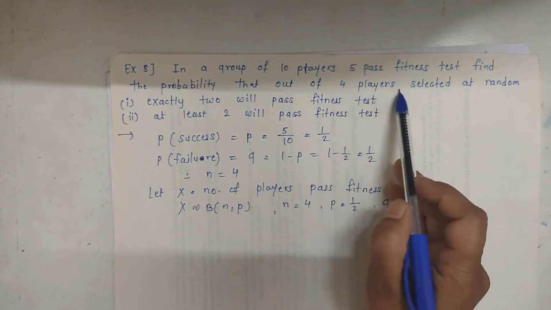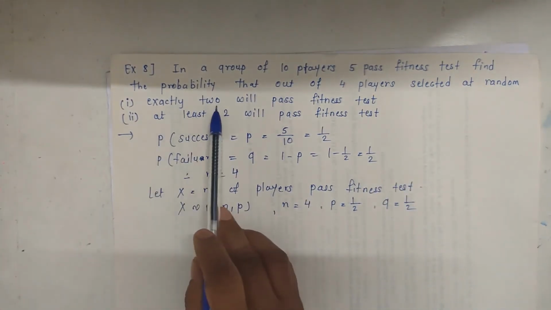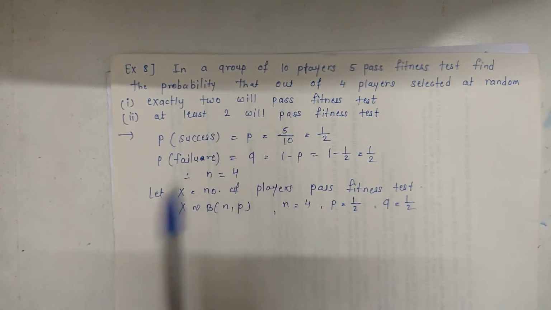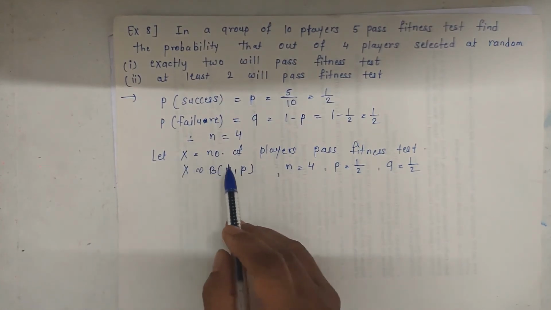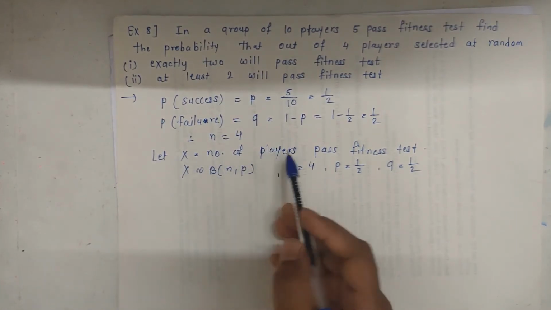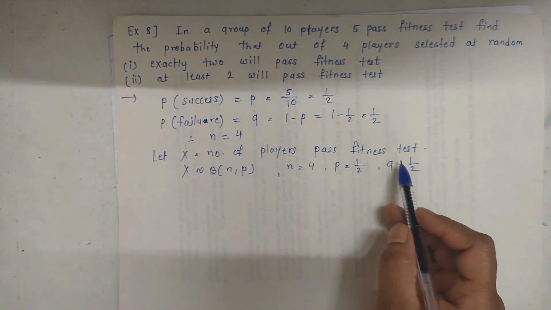Out of 4 players selected at random, first the probability for exactly 2 will pass fitness test. So for this, consider X as the number of players who pass fitness test.